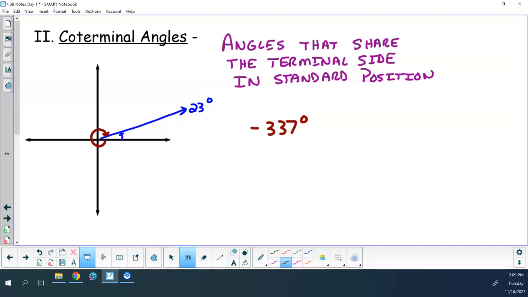Or are those the only two angles that are coterminal? No? I personally think that 383 degrees is also coterminal with 23 degrees, because right there is 383 degrees. What would another one be?